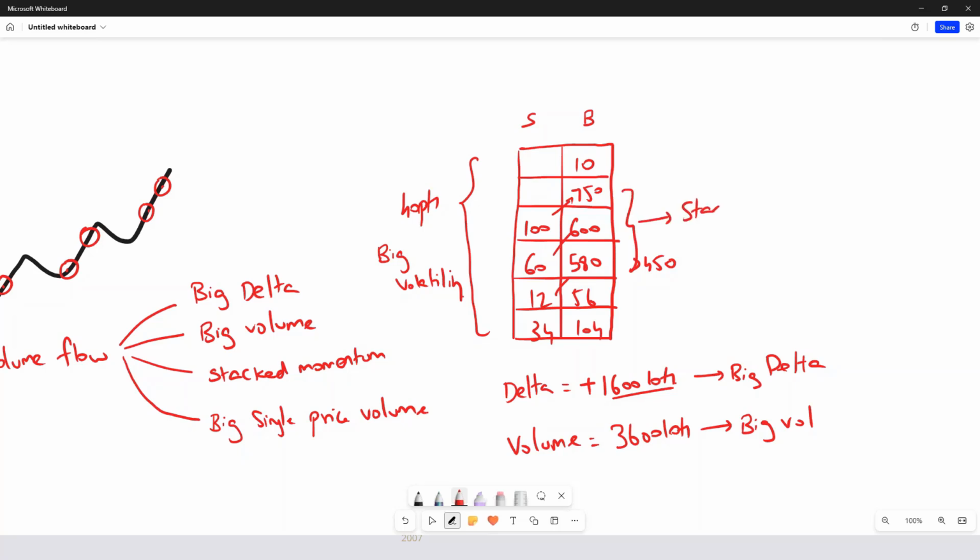We call it a stacked momentum. 3 consecutive momentum blocks on the buy side put together we'll call stacked momentum bars. So this is bar 1, bar 2 and bar 3. 3 bars consecutively, more than 5 times. Sometimes it could even be about 10 times. Such bars we call momentum bars.